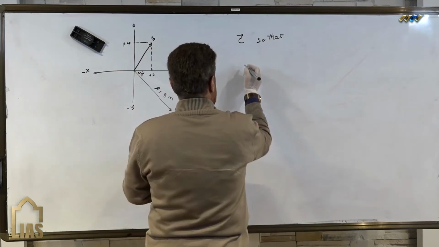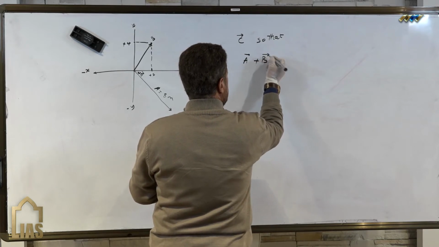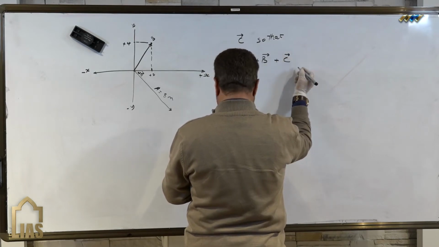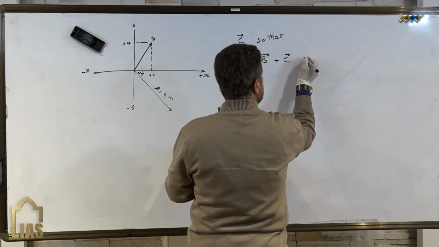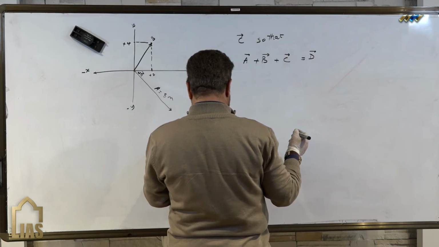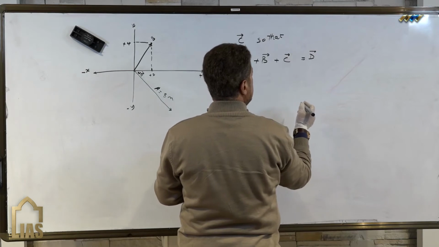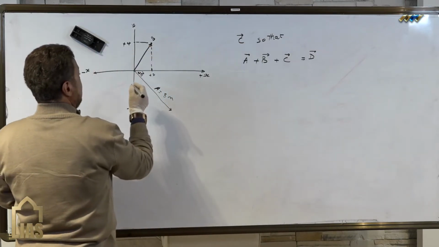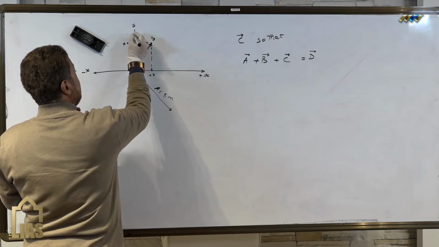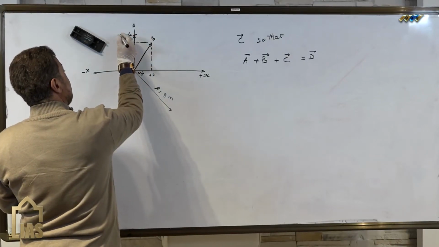Okay, A plus B plus C is equal to vector D that has a magnitude of 6 meters. D has 6 meters in the y direction. This 6, okay. This here, the vector D.